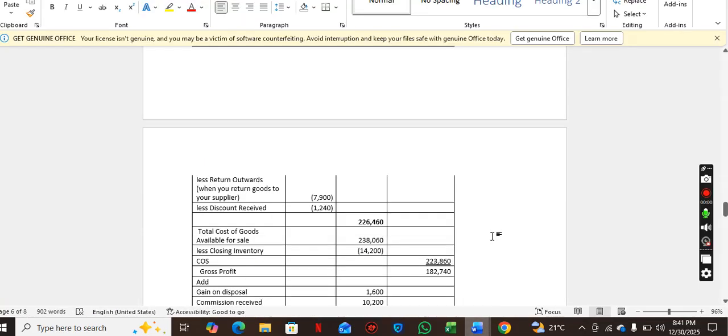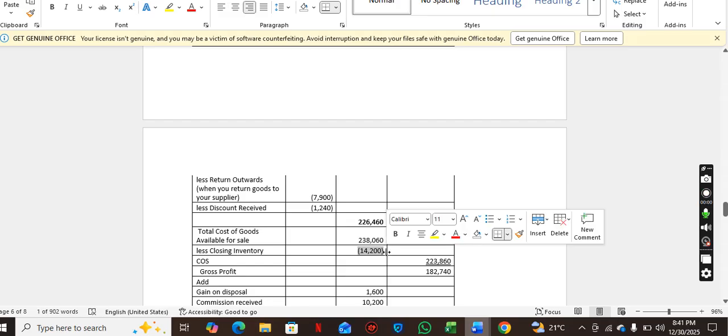So for example, if you had 200 goods worth 226,460 and you remain with 100 goods worth 14,200, you want to find the cost of the other 100 goods that you sold.